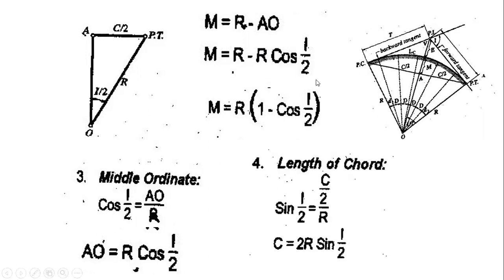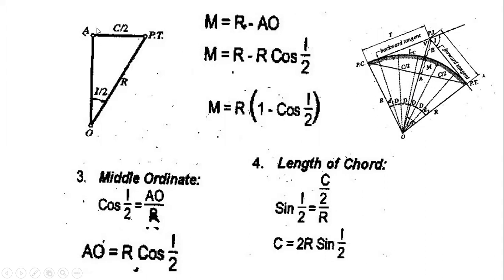Then for the length of the chord, the length of the chord is the line segment connecting PC to PT. Of course, since this line represents the line of symmetry, we expect that this will cut the length of the chord into two equal parts.